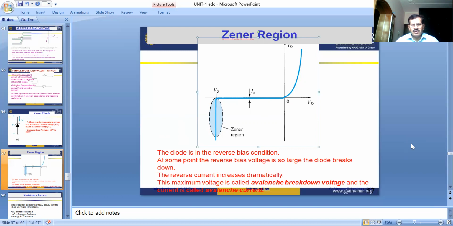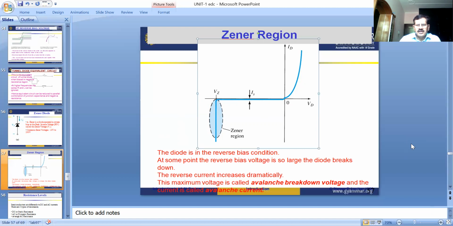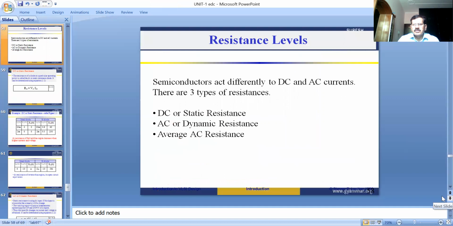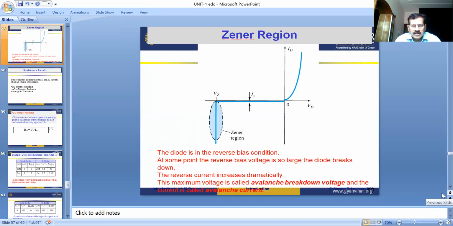So this maximum voltage is called the avalanche breakdown voltage, and the current is the avalanche current, which rapidly increases with the voltage.